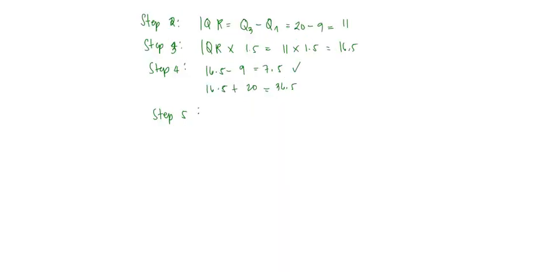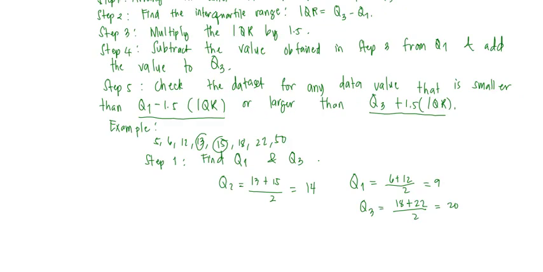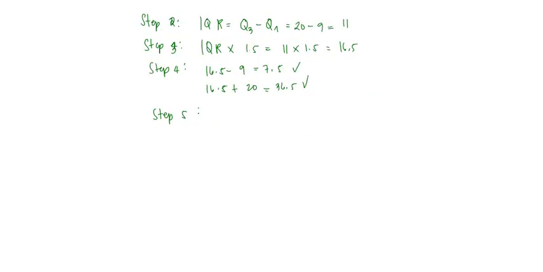So as you can see, if you look at the data set, 5, 6, 12, 13, 15, 18, 22, tsaka 50, meron talagang larger than our Q sub 3 plus 1.5 times IQR, kasi up until 36.5 lang to. So meaning 50 is outside our interval. So there is really an outlier. So that's how you determine if there is gonna be an outlier for your data set.